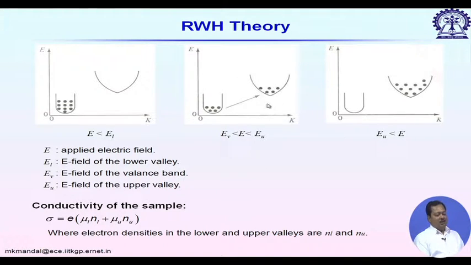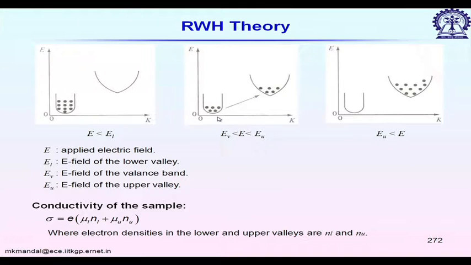One interesting thing is that if I compare the effective masses at these two valleys, the lower valley is associated with lower effective mass, and the higher valley with higher effective mass.